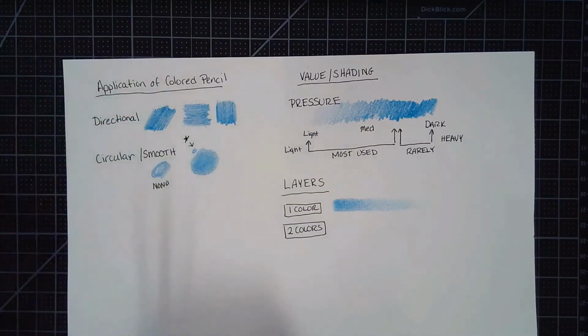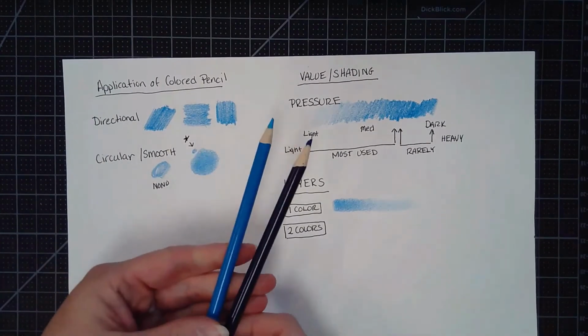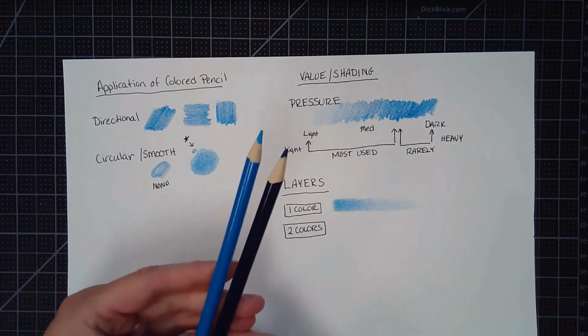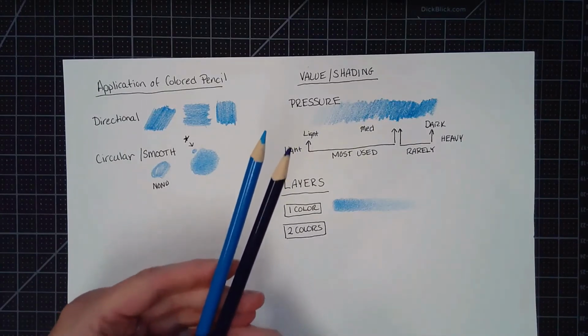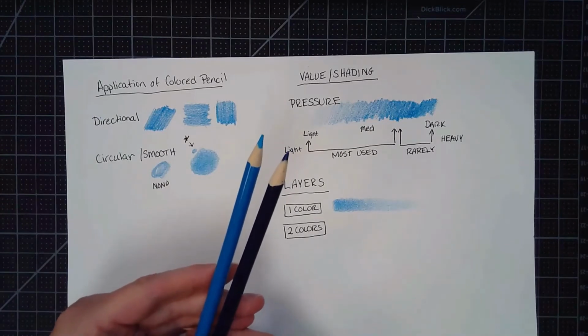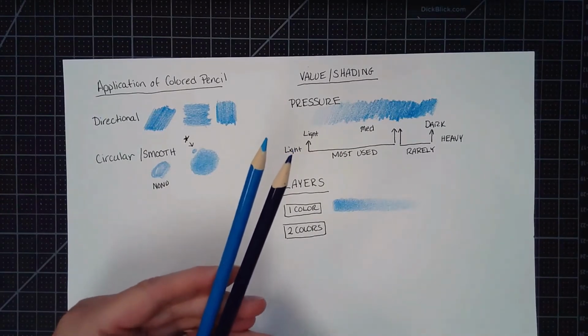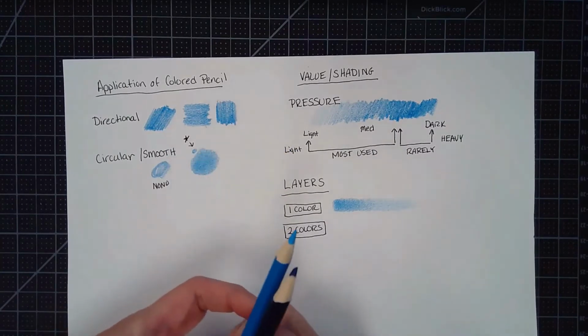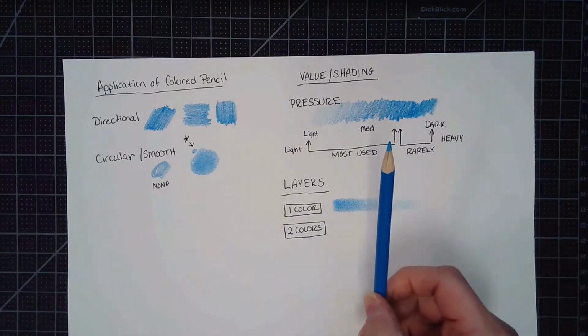So one other way is to layer two values of the same color that are found in your pencil set together. Now, anytime we work with applying color pencil, think of it as when you work with paint. You should have learned in elementary school that you always start with the lightest color and add to it.